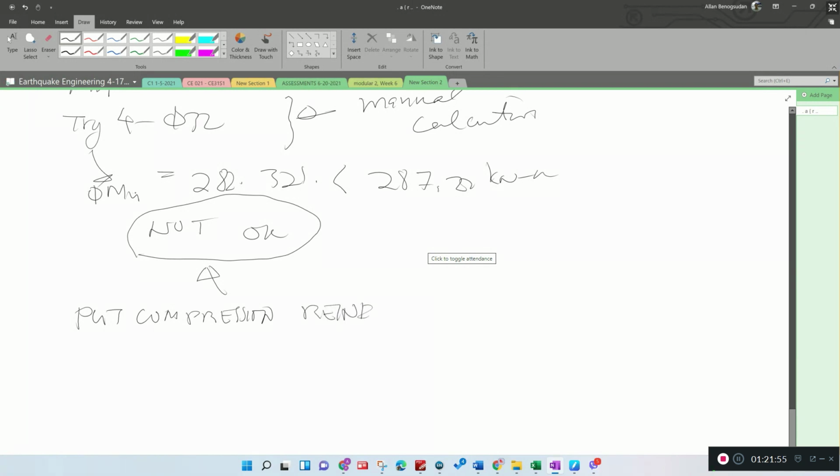One of the methods, I'll teach you another one. Still, we have time. So you now proceed to doing doubly reinforced beams. So your answer earlier is not correct.